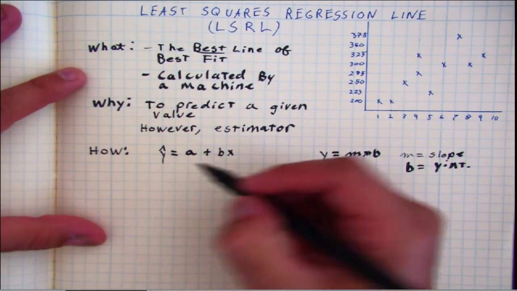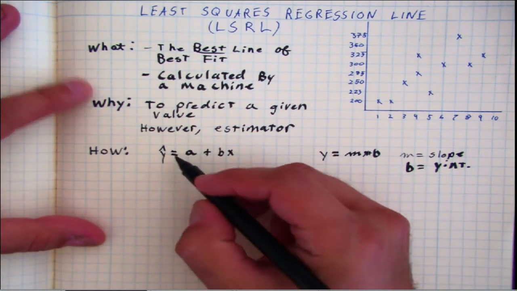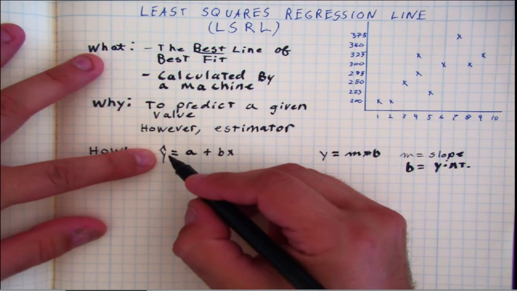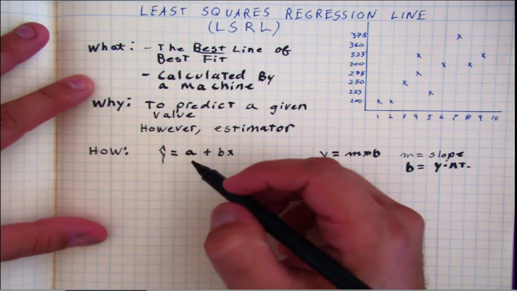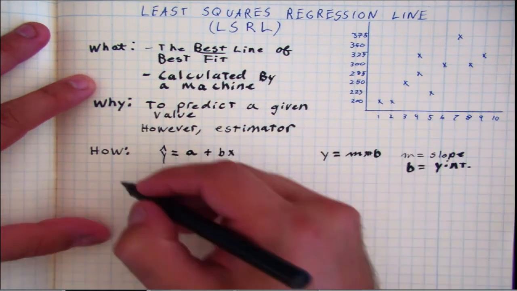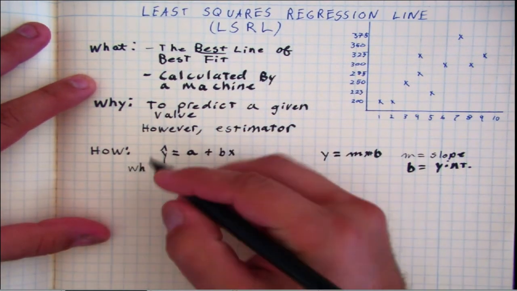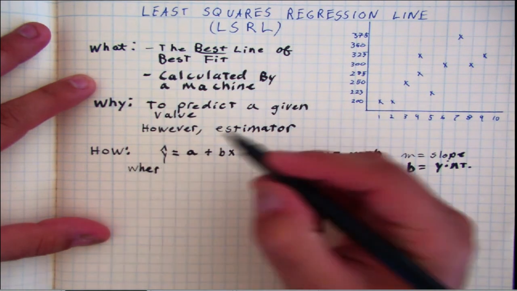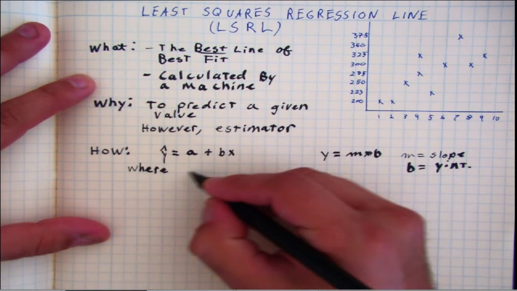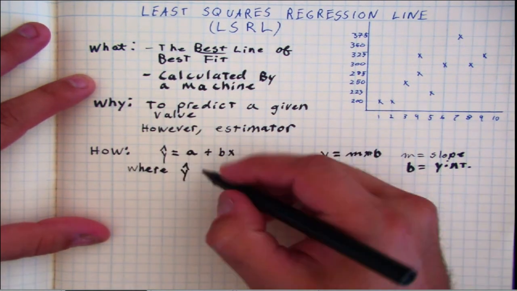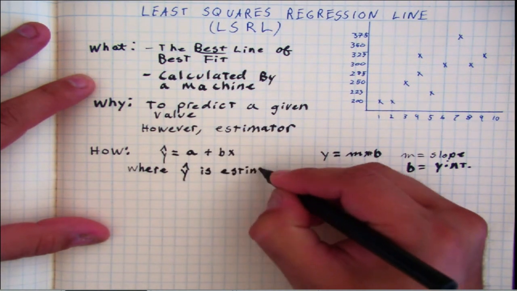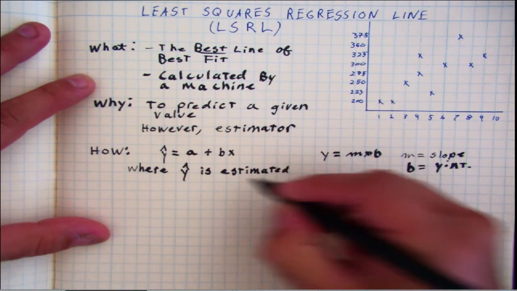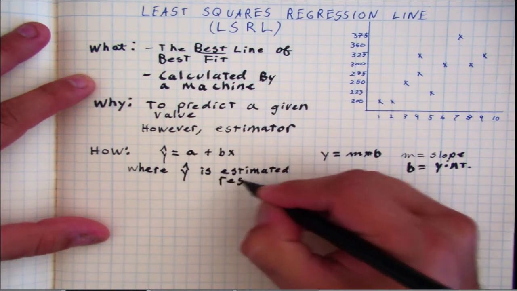And the thing to remember again is that anytime you have a hat, it means it's an estimator or a predictor. So we have this equation, y hat is equal to a plus bx, where y hat is the estimated response variable.